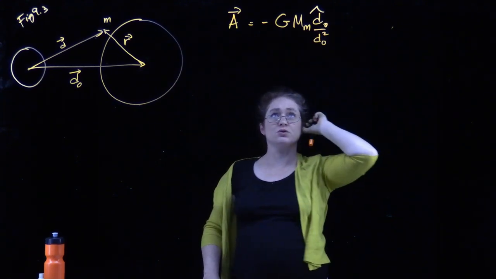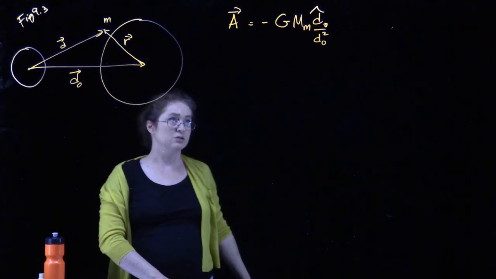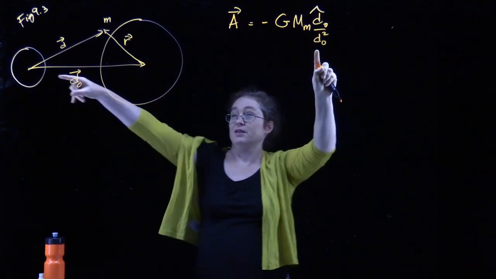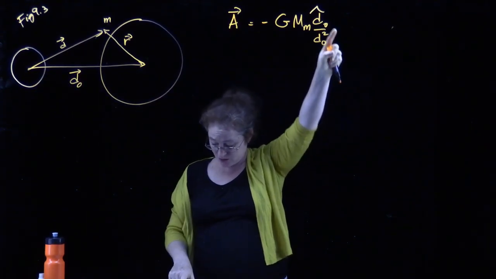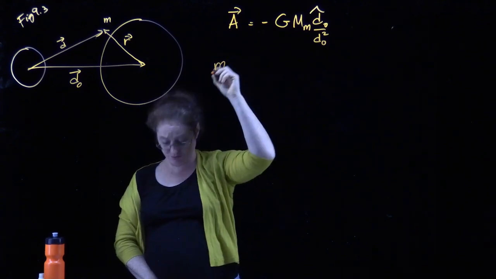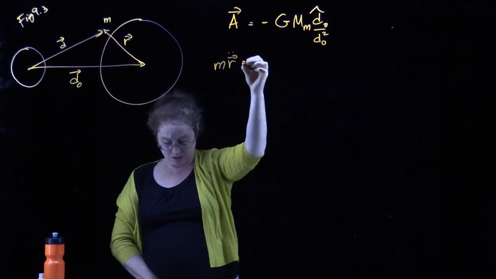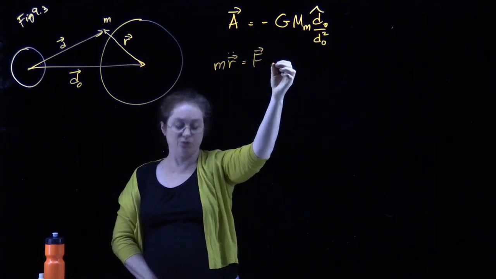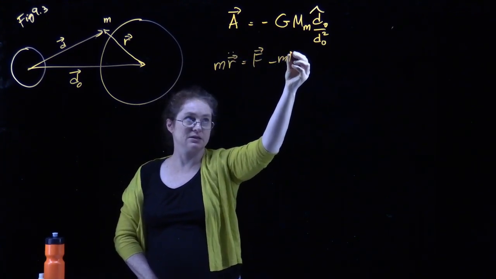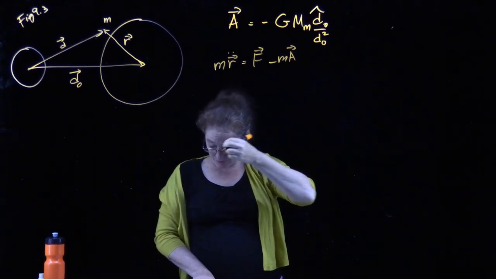So the force goes like GMm over r squared. So now the acceleration of the center is written like that. The apparent acceleration when you are on the surface of the Earth is equal to the actual acceleration of the Earth.